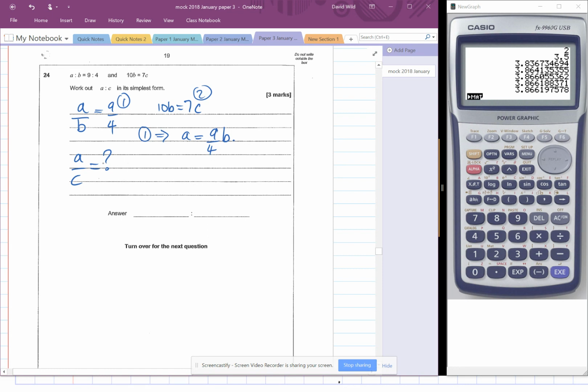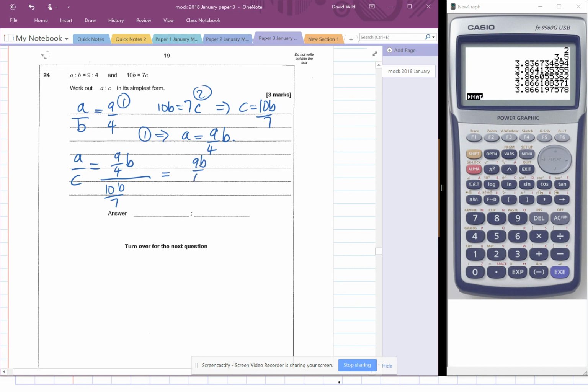So this is 9B over 4, and we're going to divide that by C. We'll rearrange equation 2, we're going to get C is 10B over 7, dividing both sides by 7. Now this looks nasty, you've got fractions within fractions, but it's easy to tidy up.